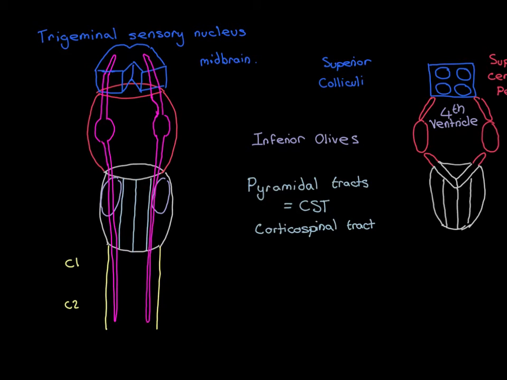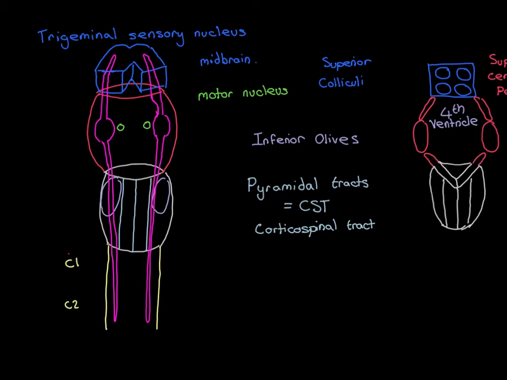Okay, the other thing that I'd like to show you at this point is the motor nucleus of the trigeminal nerve, which sits just medially to this middle bit of the trigeminal sensory nucleus. So it's much smaller. That bit in green there, that is the motor nucleus of the trigeminal nerve.